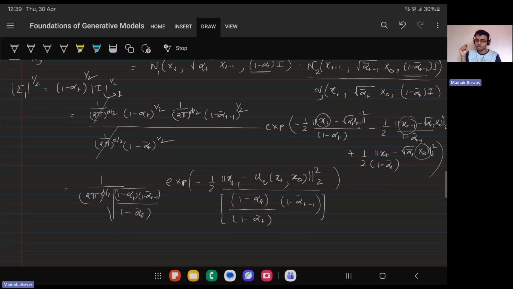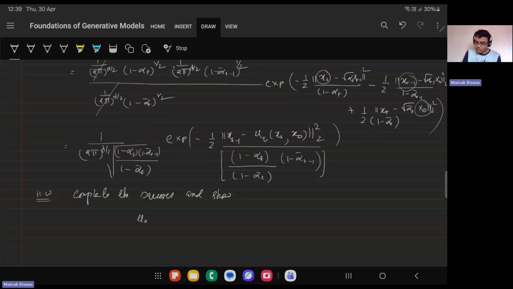So your homework is to complete the squares and show mu q. Please post it on the channel, just algebra at the end of the day.